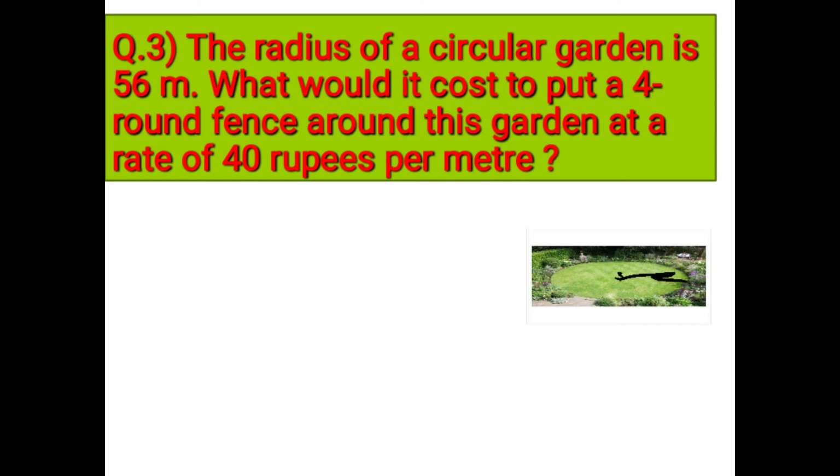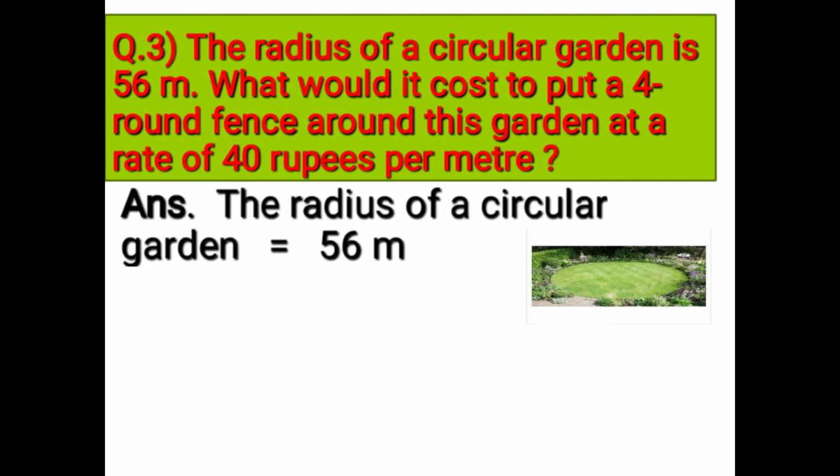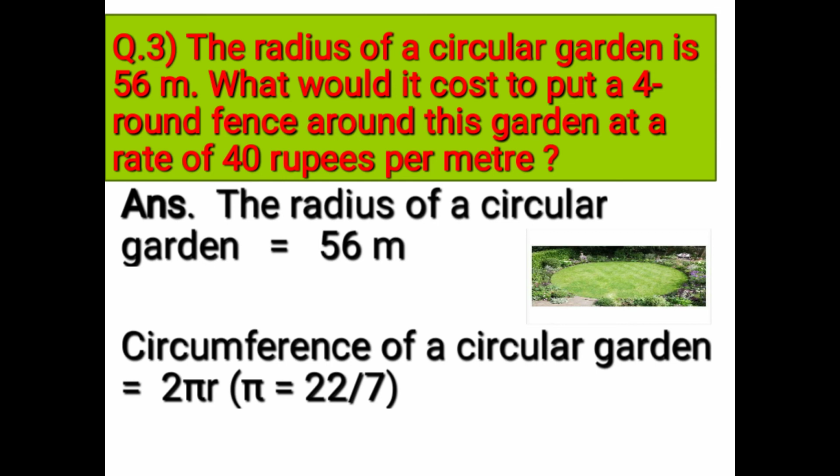You have to find the circumference. So write the statement. The circumference of a circular garden is 2 pi r. The value of pi will be 22/7.